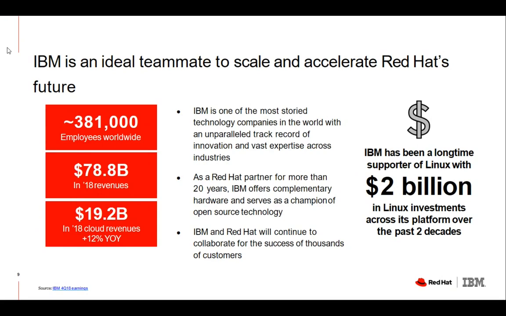Red Hat is able to go to multiple places because of the presence of IBM now. So the reach of Red Hat has doubled because of this IBM takeover. This collaboration is resulting in a new set of stories, new kinds of use cases, which we'll see later in the presentation.